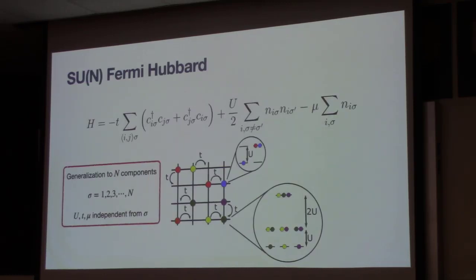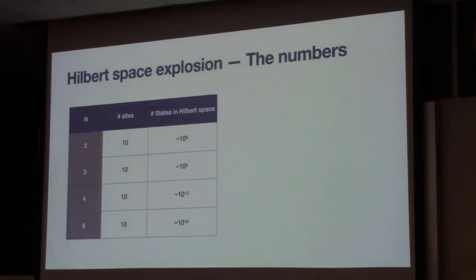And just to give an idea of how hard the problem is to solve, when we wrote this Hamiltonian, it seems that the only thing that we've done is change the sigma to run from 1 to N, just added more numbers. But that translates into making a very hard problem numerically.